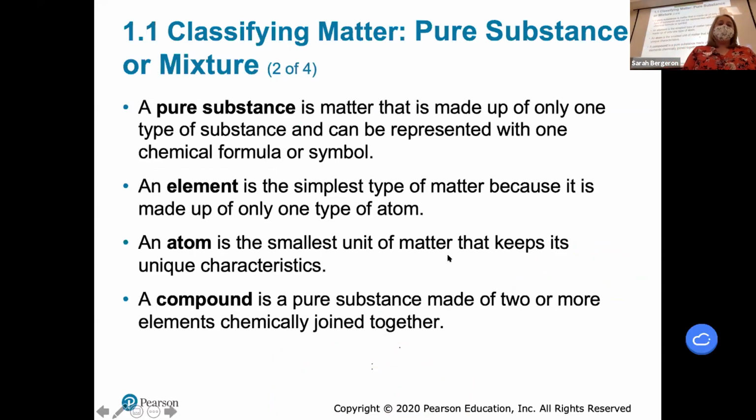All right, so we said a pure substance has to be made up of the same thing. We can represent it with one chemical symbol, right? So if you're going to do that with one chemical symbol, what does that symbol represent?